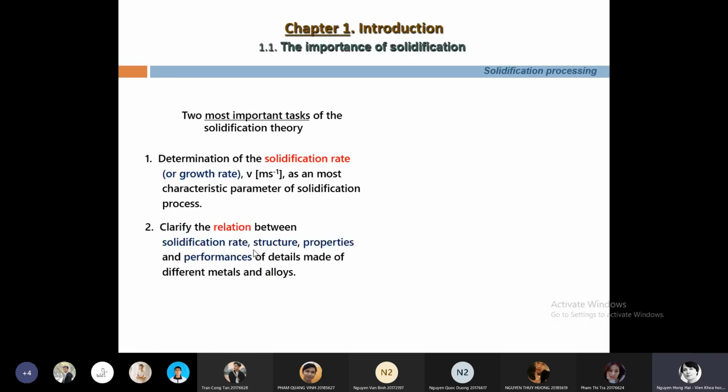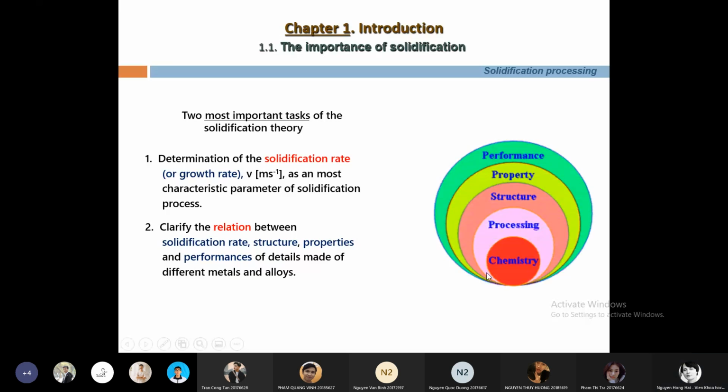And the second task: clarify the relation between solidification rate, structure, property, and performance of details of the casting made of different metals and alloys. Okay. So firstly we have to determine this most characteristic parameter of solidification, and the relation between it and the structure, property, and performance of the alloy and metal.